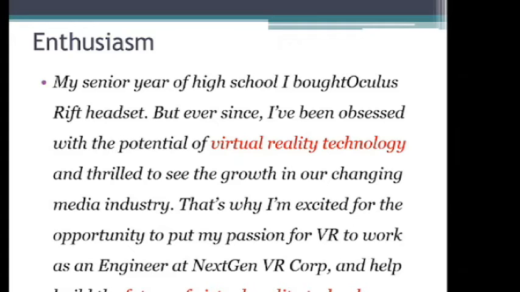How are you excited? Because ever since college and school days, you were obsessed with the way virtual reality technology is working.